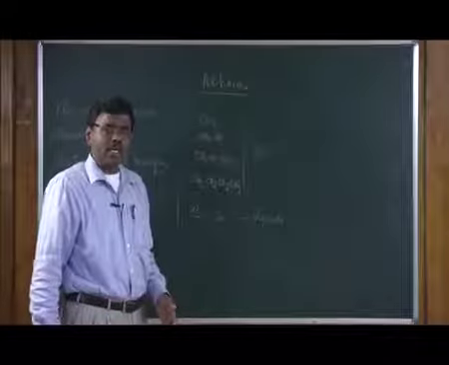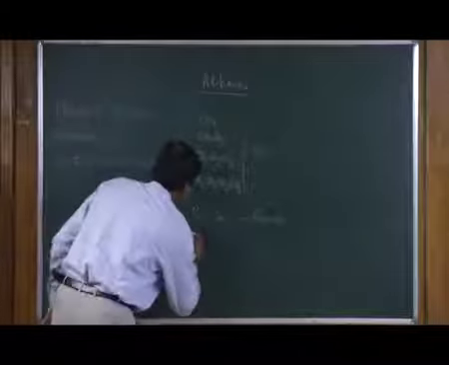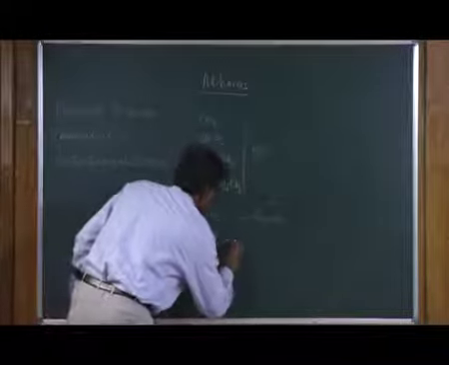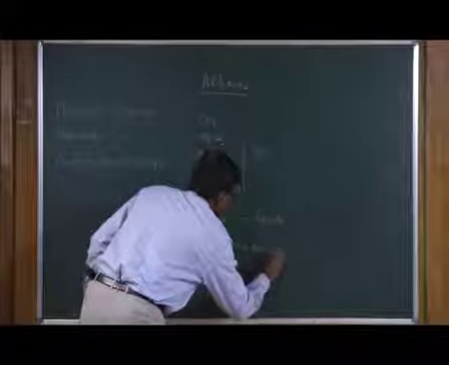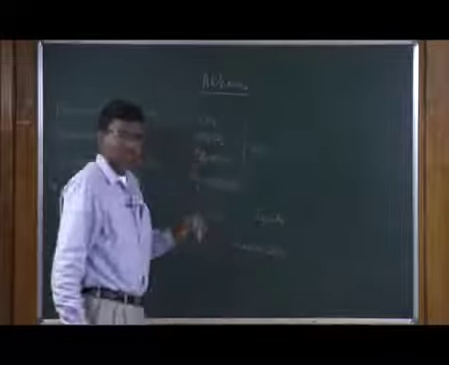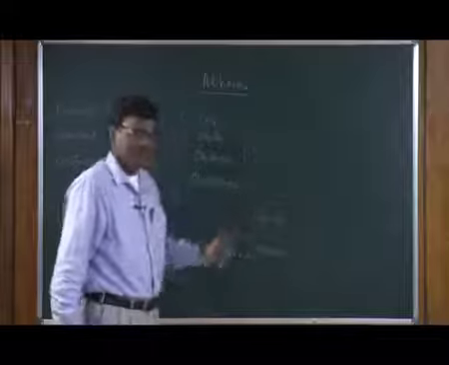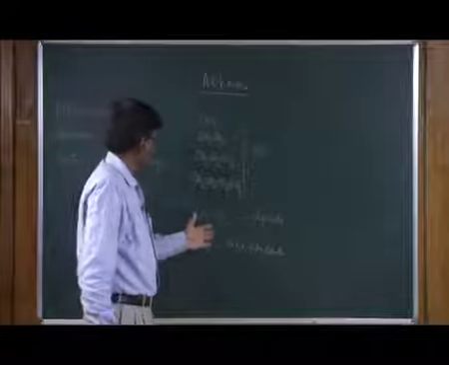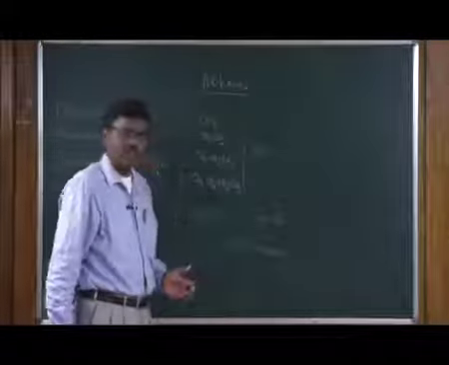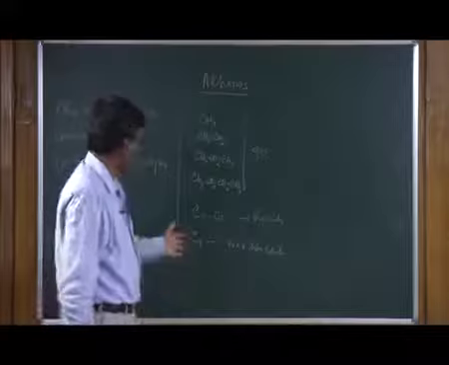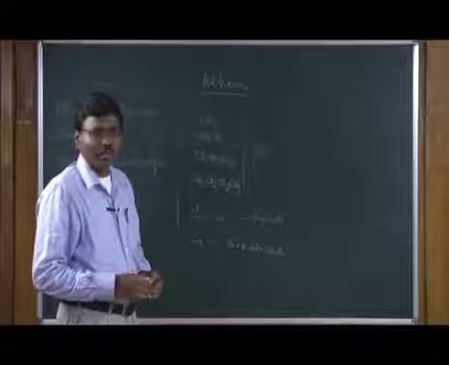And alkanes that contain 18 or more carbon atoms are wax-like solids. So, the first four members of this series are gases at room temperature, the next 13 alkanes, C5 to C17, are liquids, and the alkanes that contain more than C18 carbon atoms are solids.